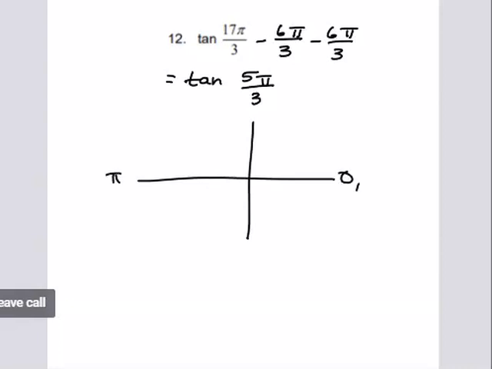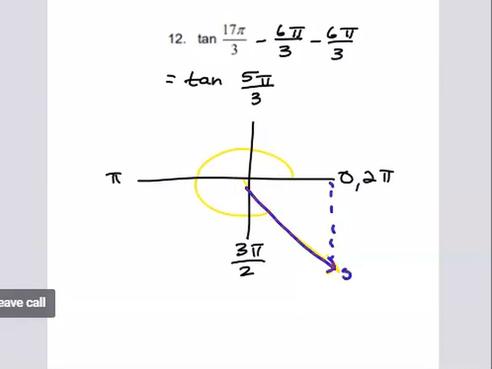So 5/3, remember this is 1.5. So this is 1 pi. And then 1 2/3, 2/3 of the way on the bottom half there, takes us here.